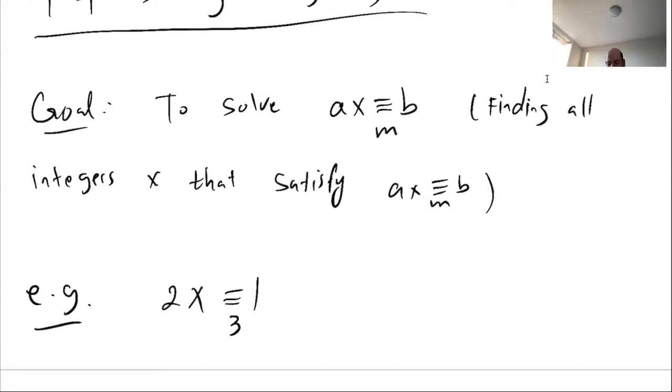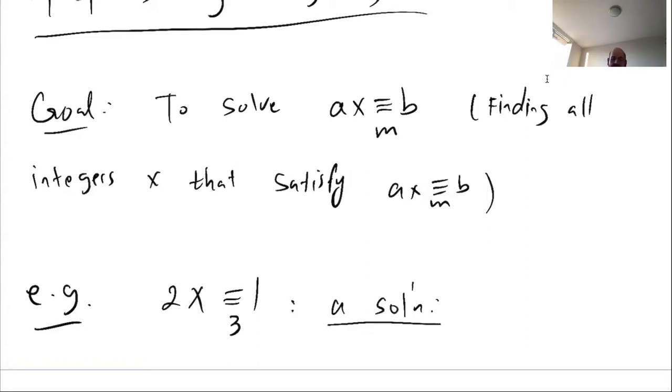So let's say you want 2x congruent to 1 mod 3. Let's just do it by inspection for this example, and then I'll give you an algorithm for the general case.